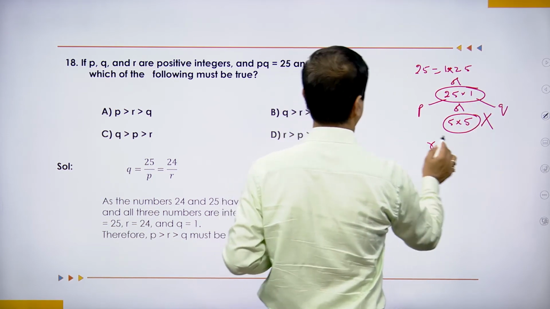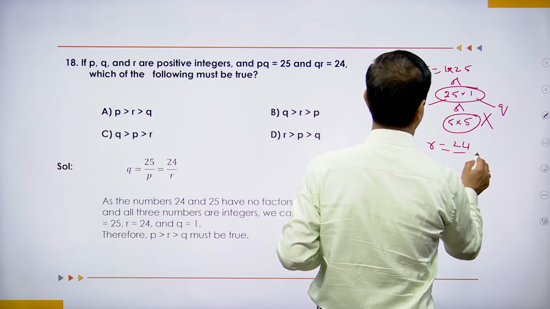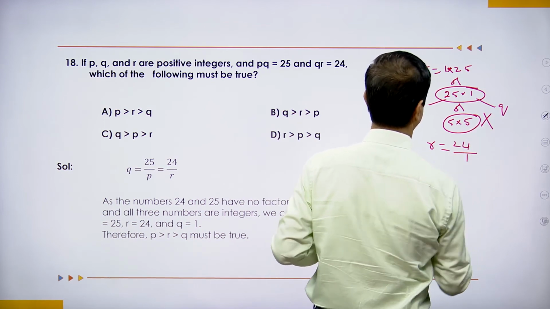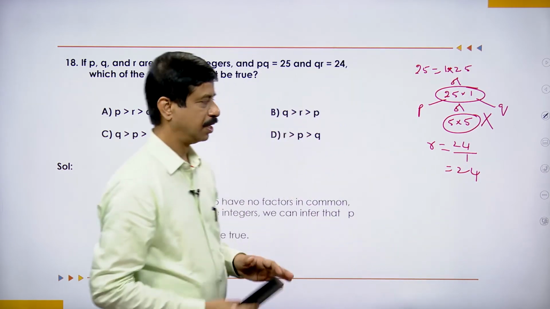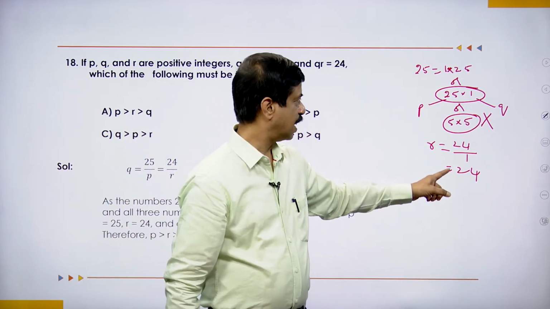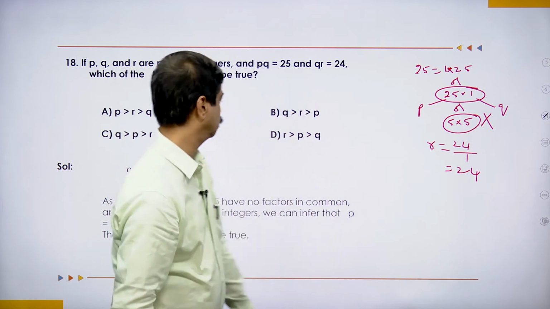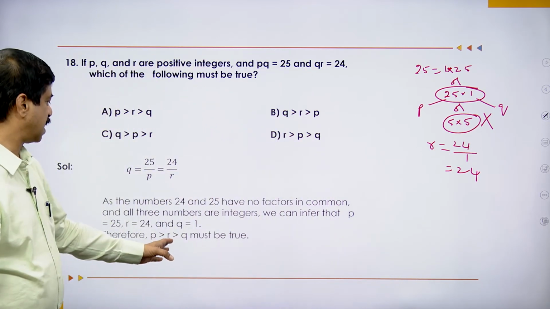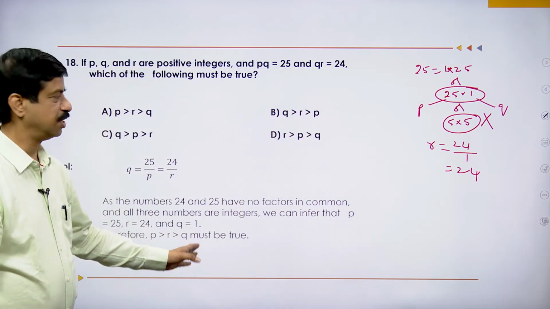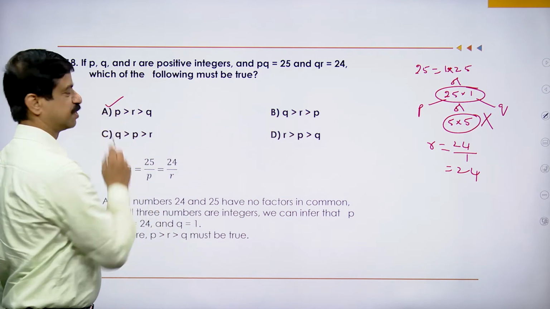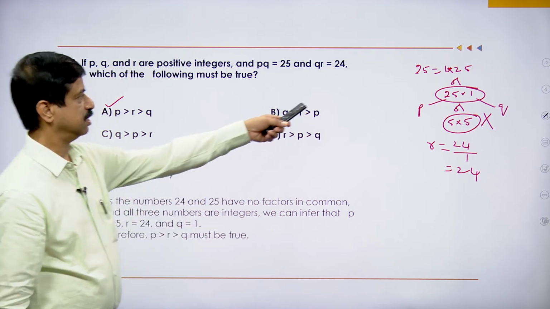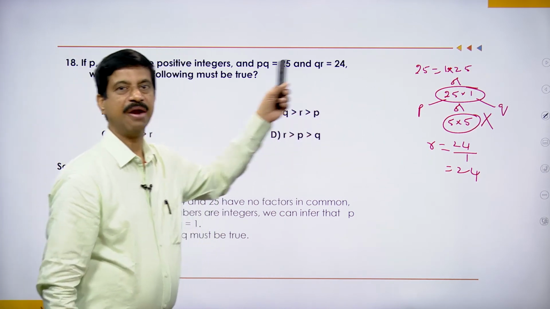R is 24 by Q. Q is 1, so R is 24. Now which is bigger? P is bigger than R and R is bigger than Q. So which option do you have? P is greater than R and greater than Q. Option A. Right, children? This is how you need to analyze and work on them.